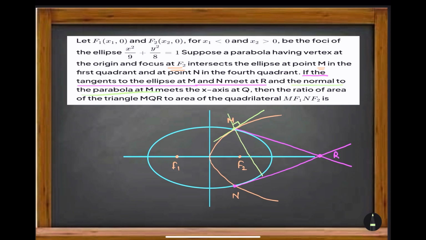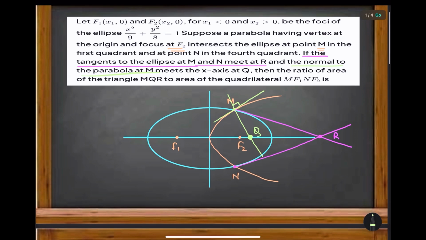So it will meet the x-axis at Q. So later we will find, now we have to find R and Q as well. Okay, then only you can proceed. Correct? Now let's proceed. I'll go with the tangent.